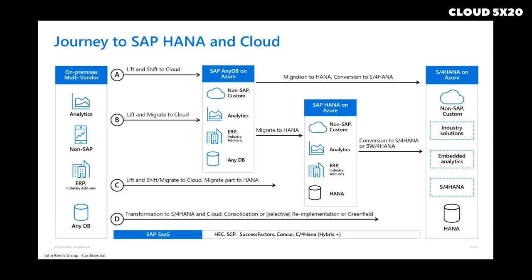Now this is a bit tricky, because lift and migrate means you could change the operating system on the destination, or you could change the database, right? A classic example of this would be if you're migrating SAP running on an AIX system with, let's say, an Oracle database, okay?